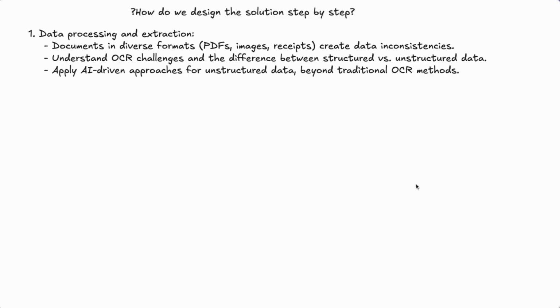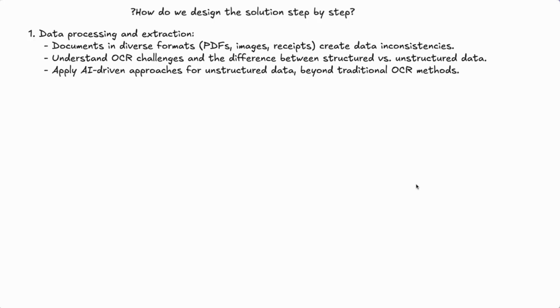Structured documents like invoices follow a predictable format, making them easier for traditional OCR tools. On the other hand, with unstructured documents like scanned receipts, the format varies, making the extraction much harder. Traditional OCR extracts text but lacks context.